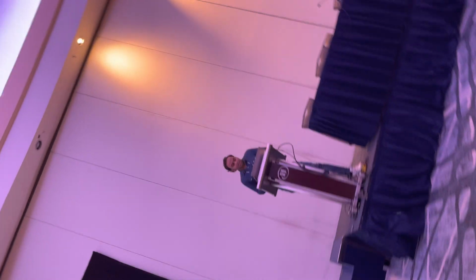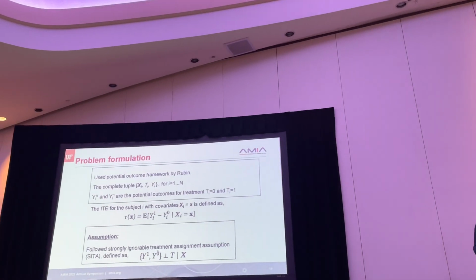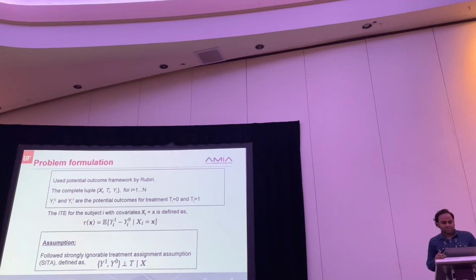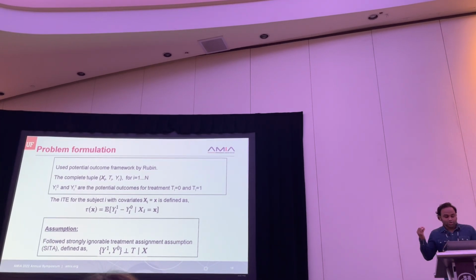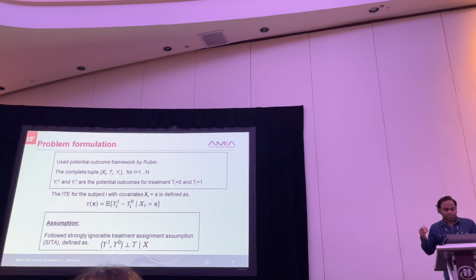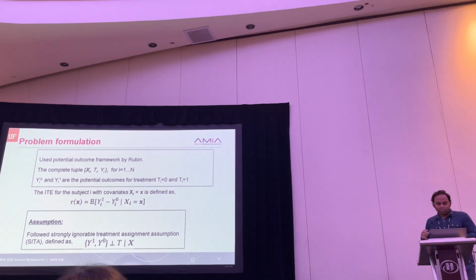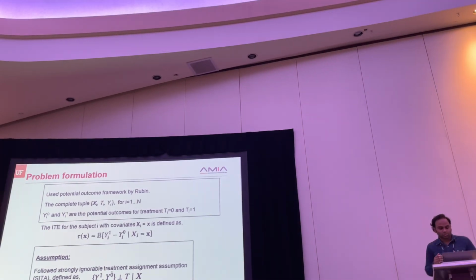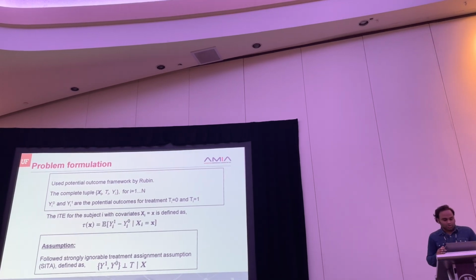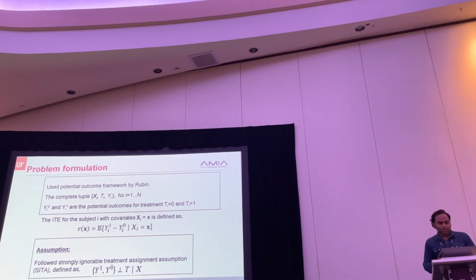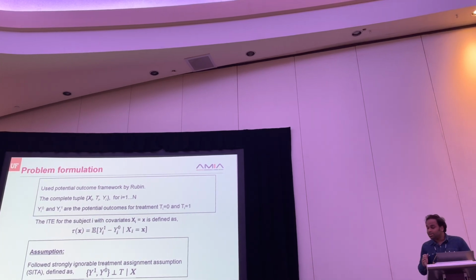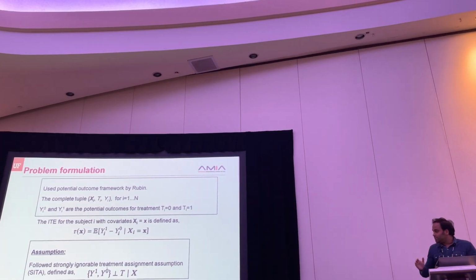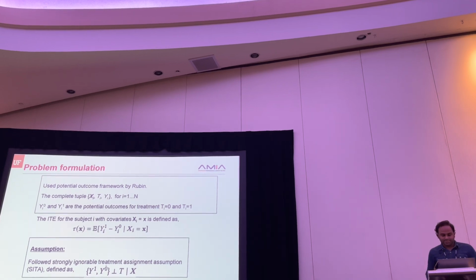Our goal is to measure the individual treatment effect, or ITE, which is the difference of these two potential outcomes for a particular sample. Also in this work, we have the strong ignorability assumption, where both potential outcomes are conditionally independent of the treatment given the set of covariates.